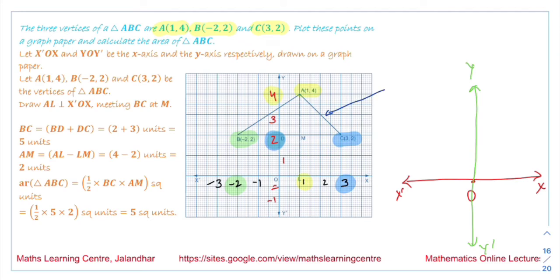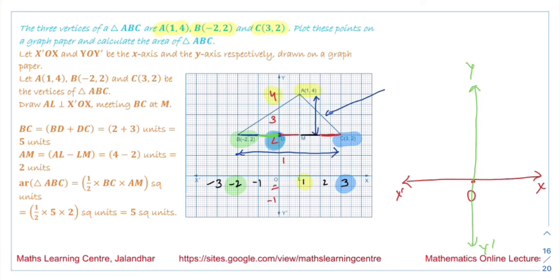Now to find the area of this triangle, we want the length of the base and the height. Suppose I am considering this point over here. This is the first block, so 1 unit. Then the next block is 2 units, then 3 units, 4 units, and 5 units.